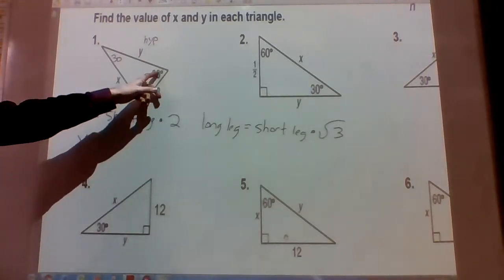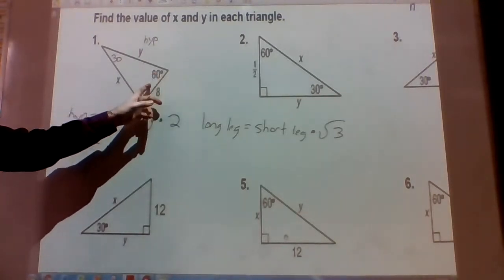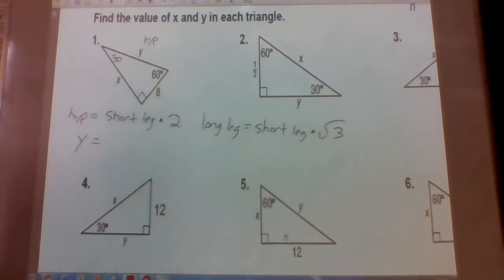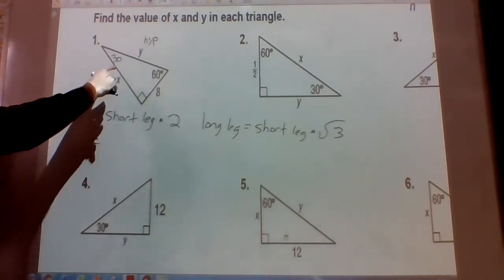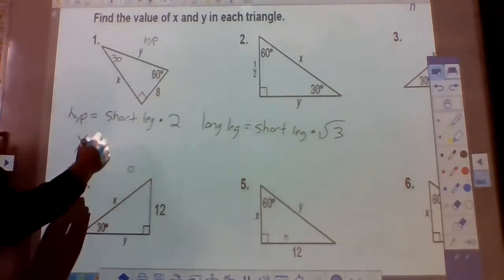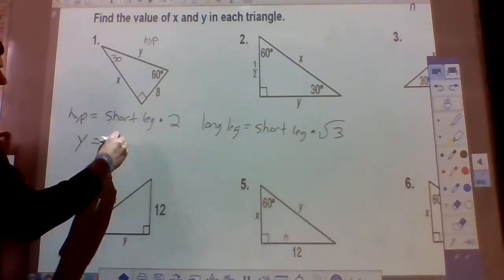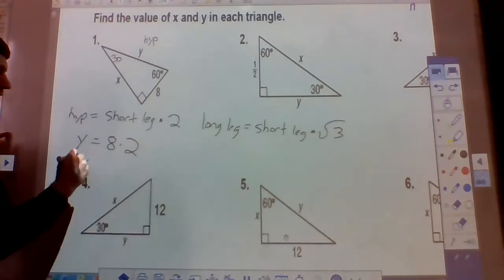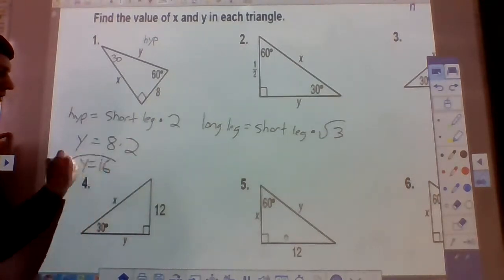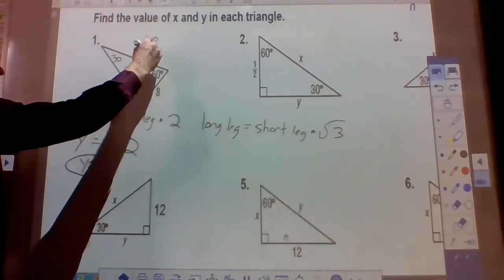So 90 plus 60 is 150. 180 minus 150 is 30. So the short leg is across from the 30-degree angle because the 30-degree angle is the smaller of the two angles. So across from the 30-degree angle is 8. And then we have times 2. 8 times 2 is 16. So y is 16.